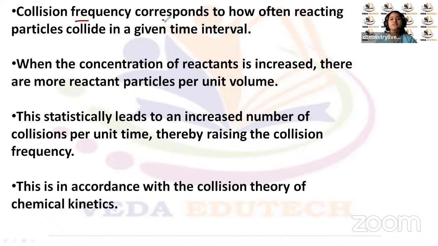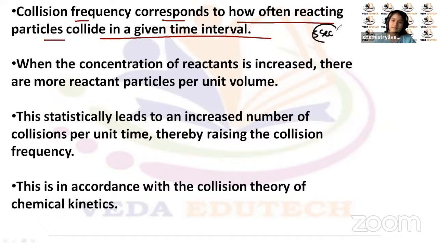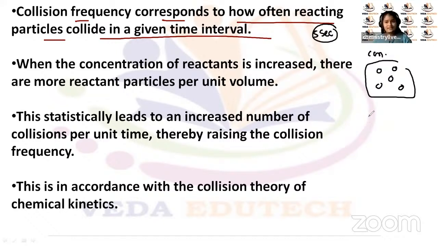Collision frequency corresponds to how often reacting particles collide in a given time interval. Suppose you are given 5 seconds and you have taken some concentration where there are 5 molecules. Within these 5 seconds, how many times are these molecules colliding with each other? That is called the collision frequency. When the concentration is increased, there are more reactant particles. So now there are 5.